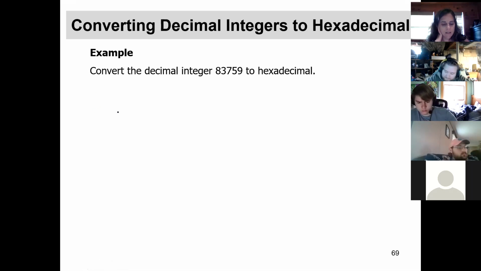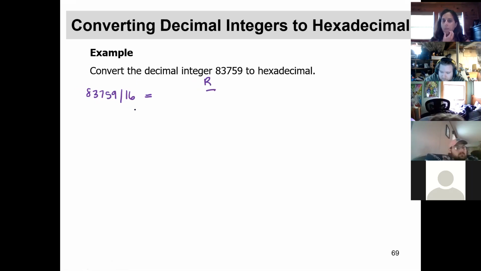So 83,759 we're converting to hexadecimal. So start with the 83,759. We're dividing by 16 and keeping track of the remainders. This is where a calculator is probably going to be helpful.